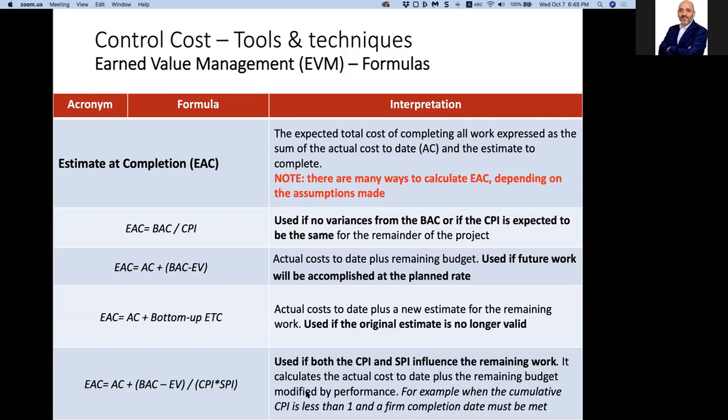For example, when the cumulative cost performance index is less than 1 and a firm completion date must be met. Sometimes in the exam they ask what the cost performance index should be if the budget at completion must equal the estimate at completion. I don't want to pay a dollar more at the end of the project. What should my schedule performance index or cost performance index be? Then you use this formula.